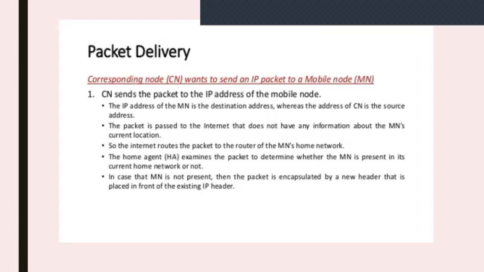It is necessary to understand whether the mobile node is present in its home network or it is roaming, because if it is roaming, then the care of address will be investigated. In case the mobile node is not present, the packet is encapsulated by a new header that is placed in front of the existing IP header.